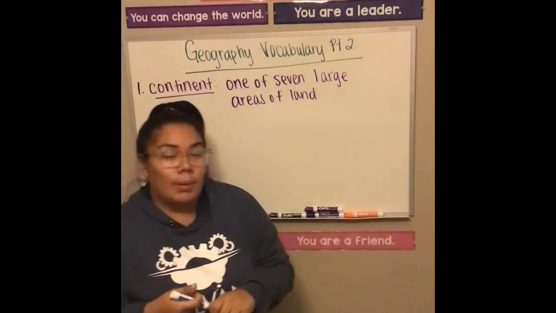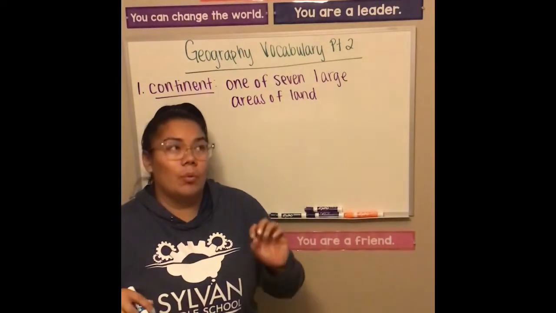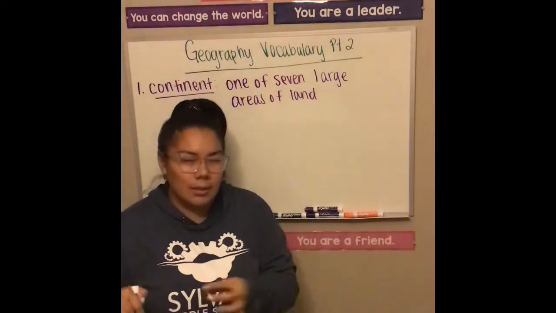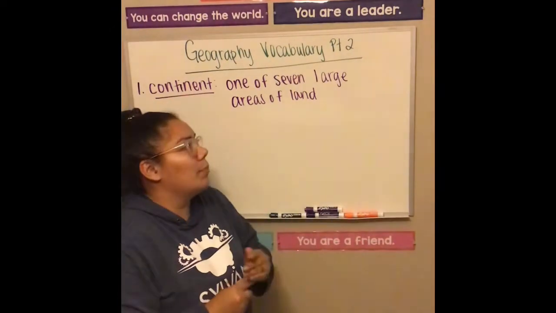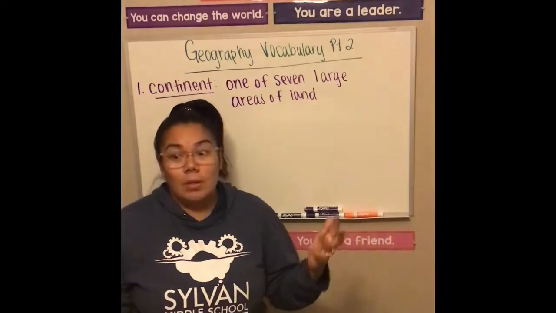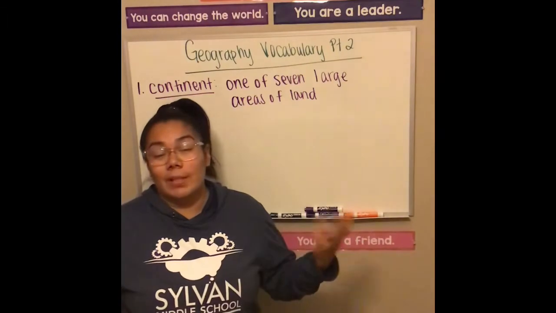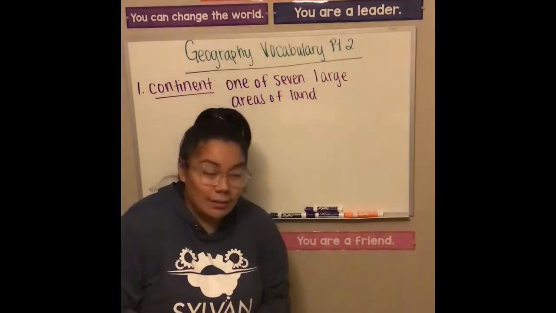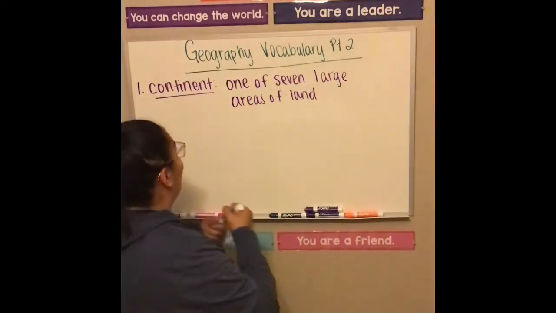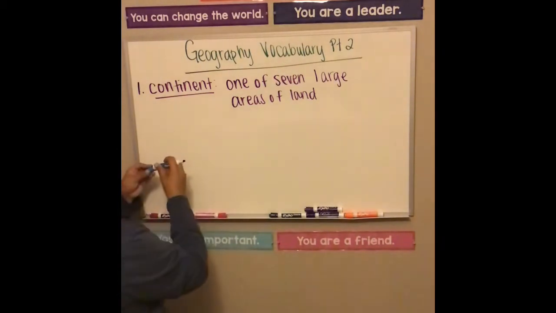Next, we're going to talk about countries, which are on continents. And I think that's where people get mixed up, because countries can be large also. Some countries can even be as big as a continent, but they're very different. So let's talk about it. First, let's figure out what a country is.